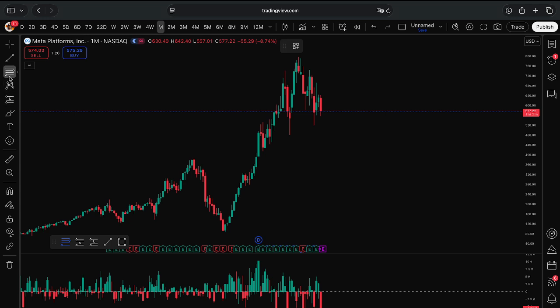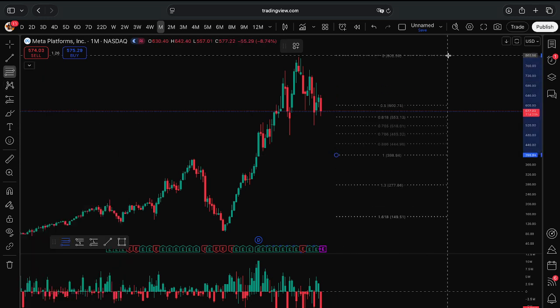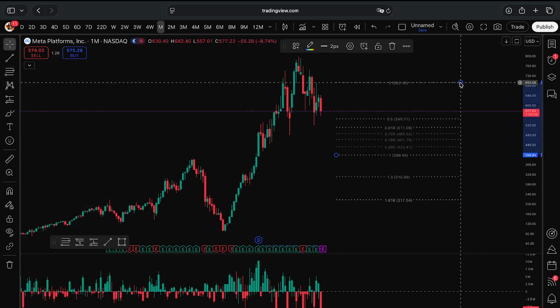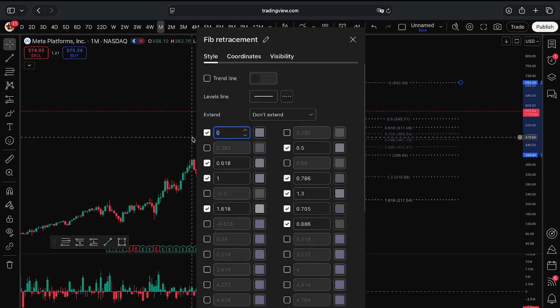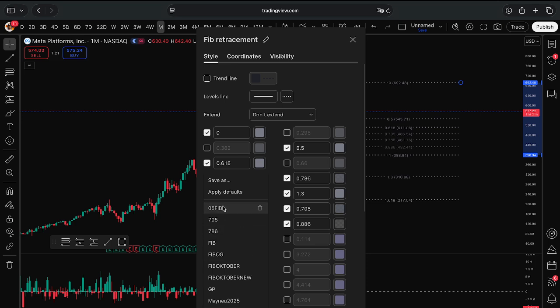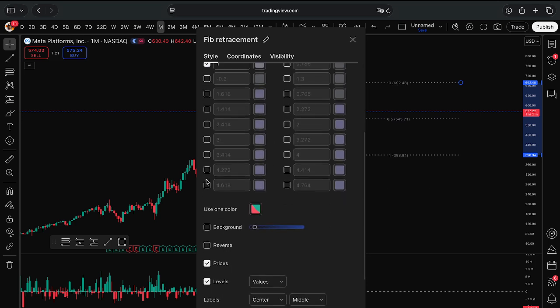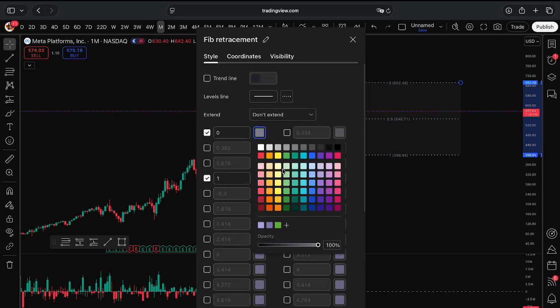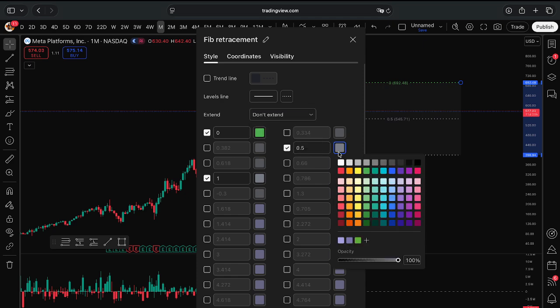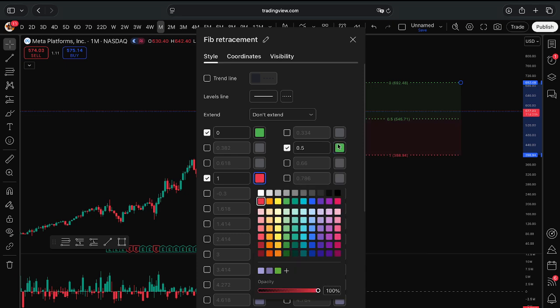What we're first going to use is the Fibonacci. Let me edit this real quick so we can look at this together. We're going to use the background and make the 0 point green, this one also green, and this one red.